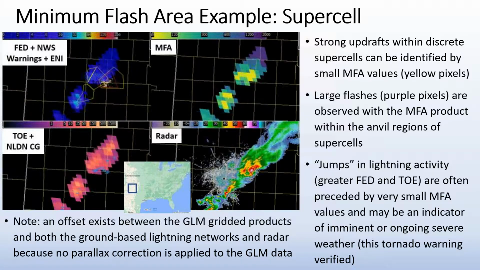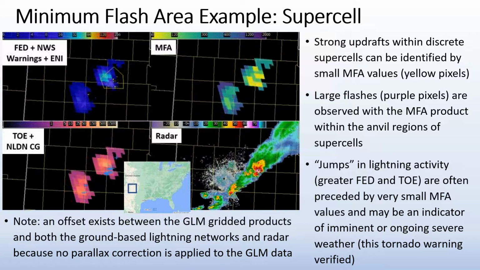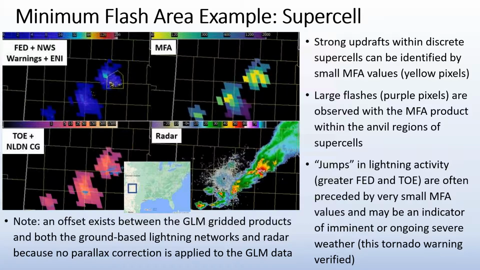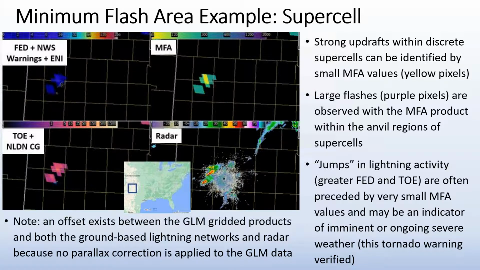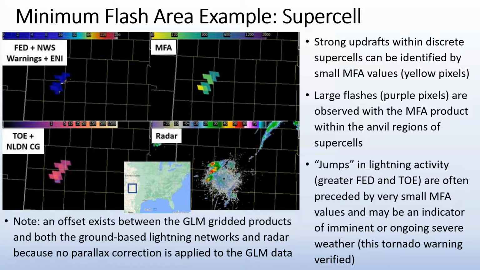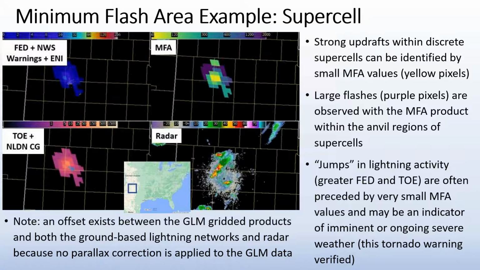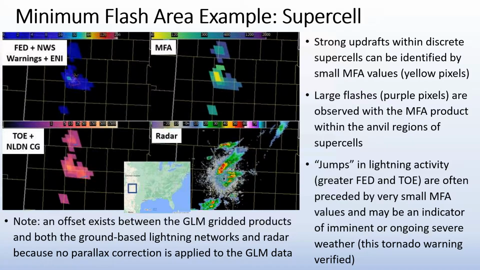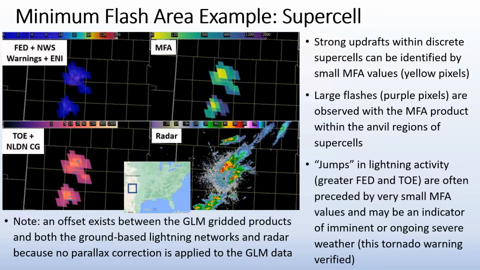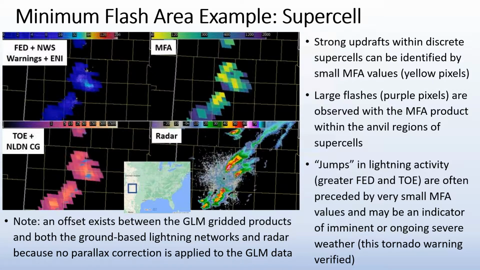That's because the GLM data is not parallax corrected. This is done on purpose, because GLM is a satellite product, so it's going to line up exactly with all the other satellite products available to you in your suite of variables to choose from or to look at.